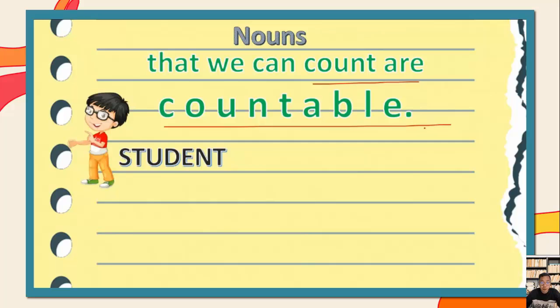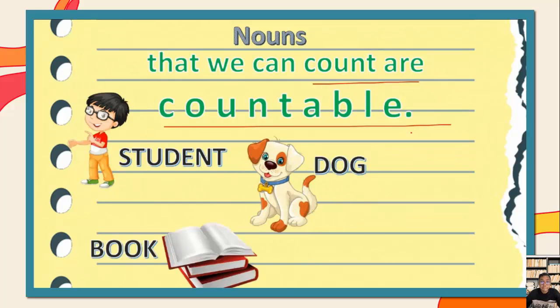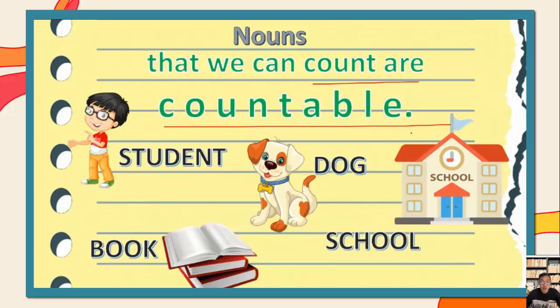All right, so nouns that we can count are countable nouns. For example, students, dog, book, school. You can count students. How many students are there in your class? 25. See, you can count 25 students, right?